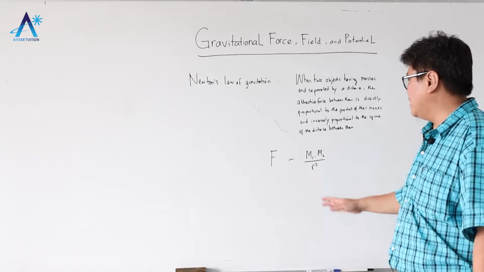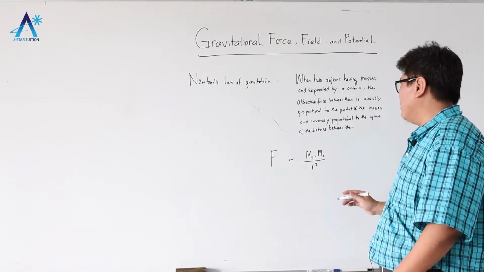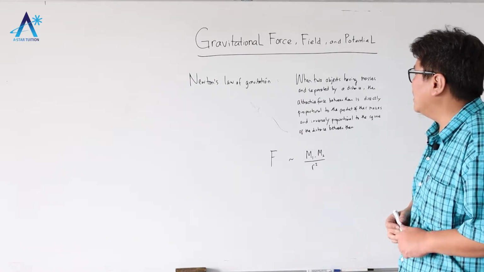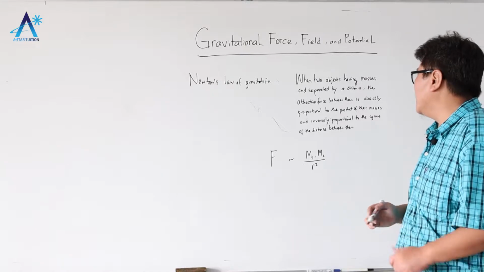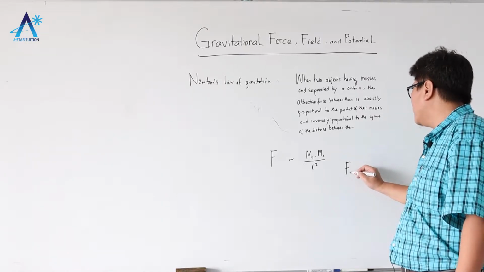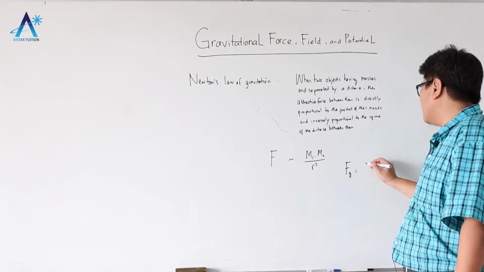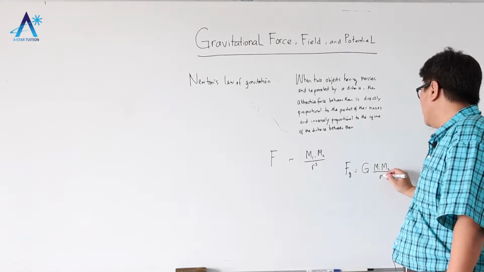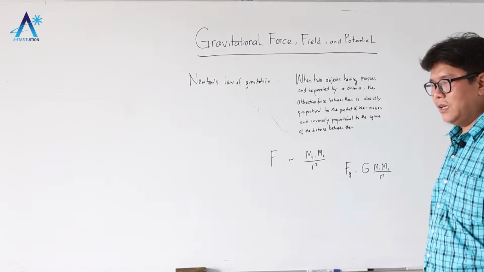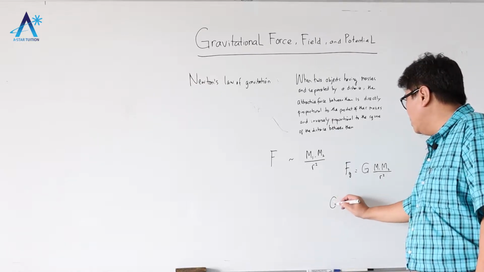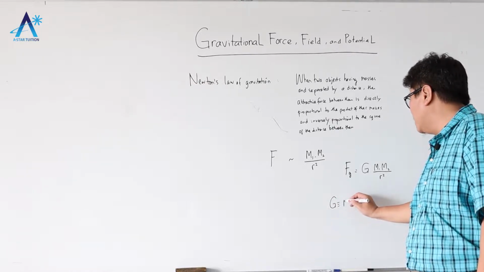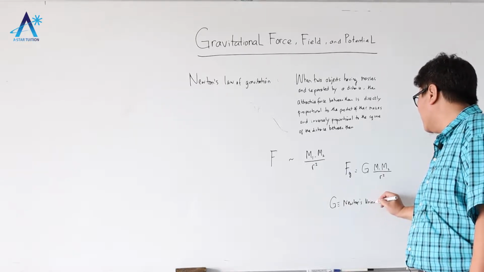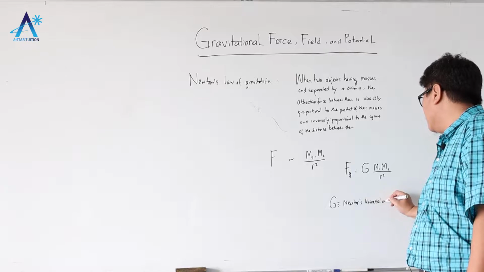Now in order to make this equation complete, we need to multiply with a constant of proportionality, and that constant of proportionality is G. So now we can write G m1 m2 over r squared. This capital G is Newton's universal constant of gravitation.